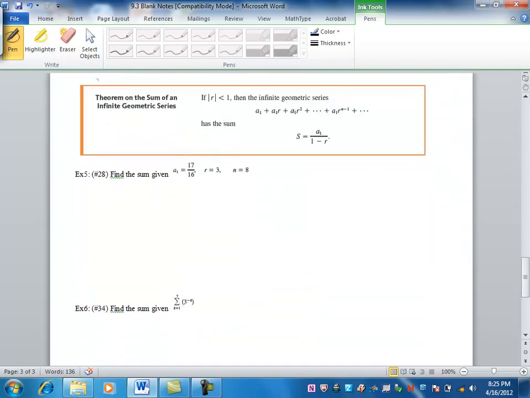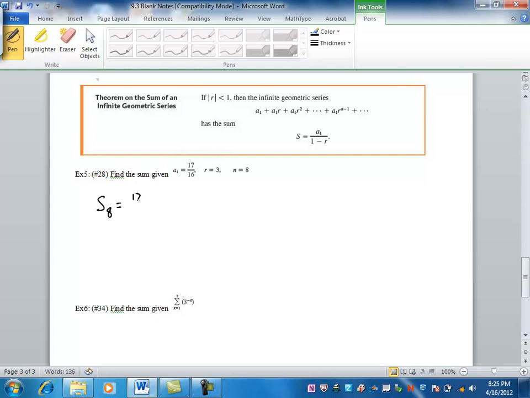So we look here at example 5. We're told the first term, we're told the ratio, and we want the sum of the first 8 terms. So very straightforward. The sum of the first 8 terms.